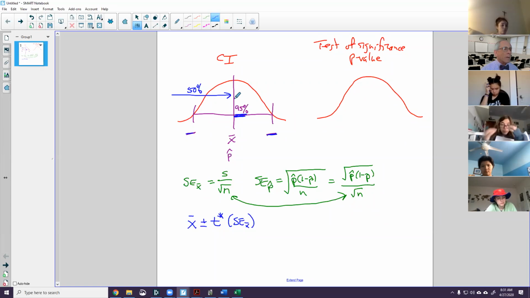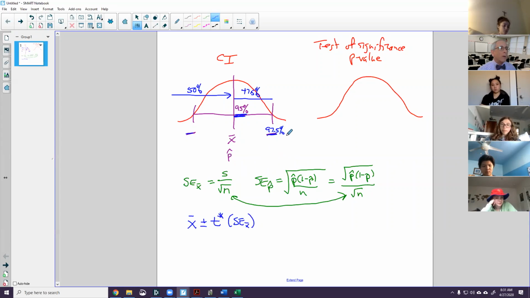And then from here to there is 1/2 of 95%, so that is 47.5%. So this spot right here, which is the upper limit of my confidence interval, is the 97.5 percentile. And I need to find out what is the t-score for that number right there. Everybody still with me?